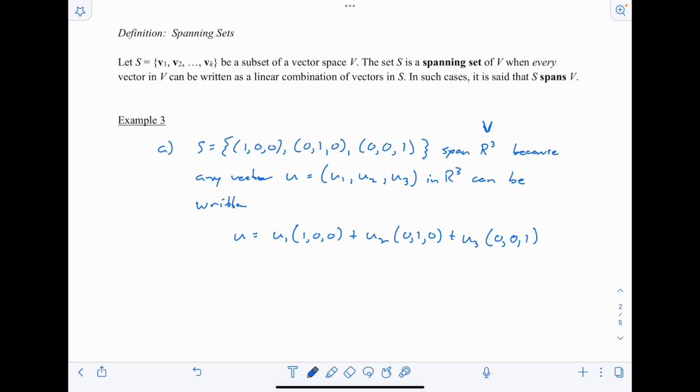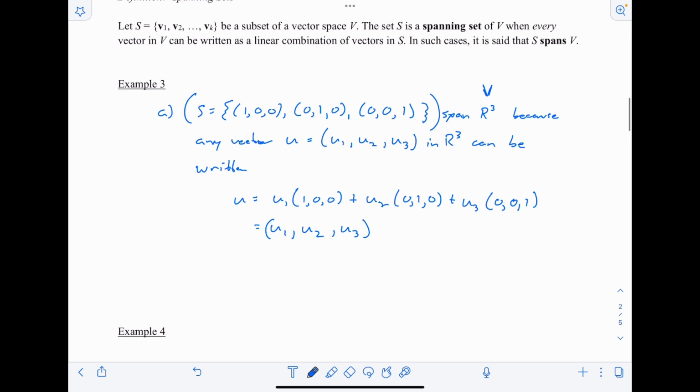And this is going to give me every single time U1, U2, U3. So in other words, we say then that subset S is a spanning set of V, or it spans V, because we're able to show that no matter what vector you pick in V, we can write that vector as a linear combination of those 3 vectors, 1, 0, 0, 0, 1, 0, and 0, 0, 1.